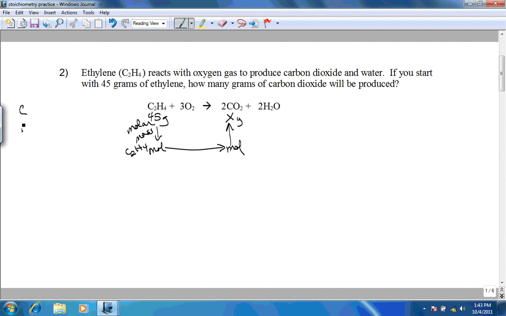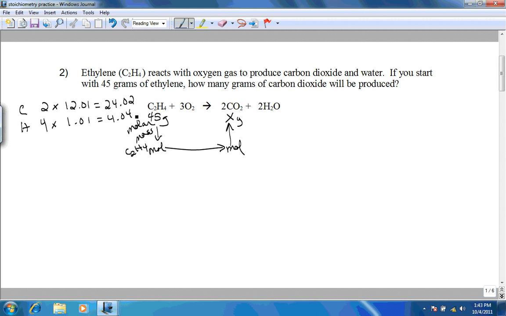So we have carbon and hydrogen. You have 2 carbon and 4 hydrogen, C2H4. That's what those little numbers mean. If you look on the periodic table, you find that carbon is 12.01 and hydrogen is 1.01. So 2 times 12.01 is 24.02. 4 times 1.01 is equal to 4.04.